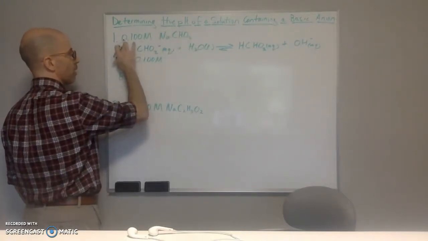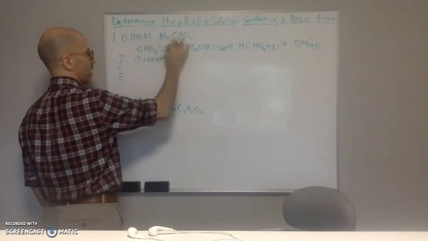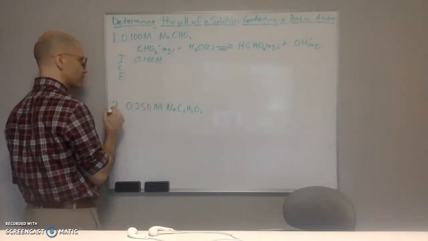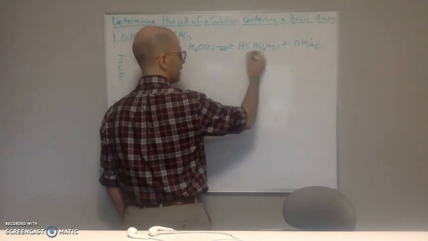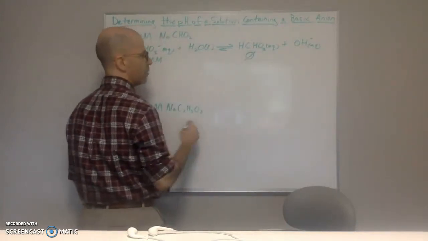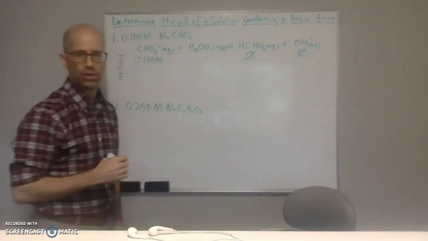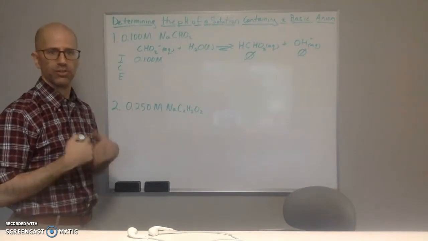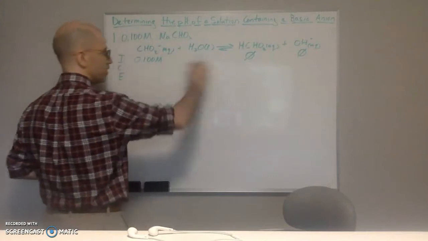So the molarity for this is going to be the same for this ion here. And then we're starting with 0 concentration here, and practically 0 here. There is some hydroxide ion concentration from the autoionization of water, but it's so small that we can ignore it. Okay, so this is the initial concentrations.